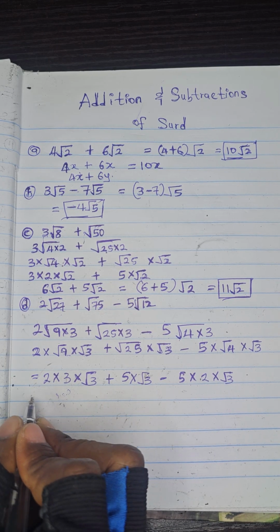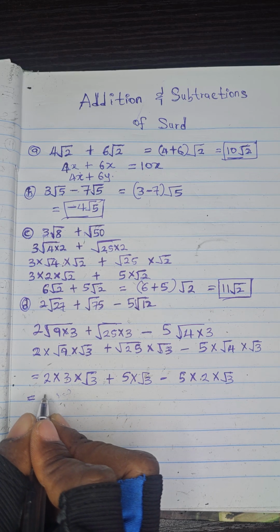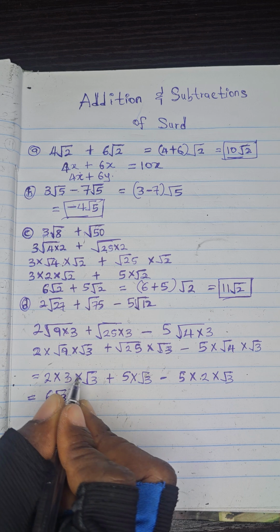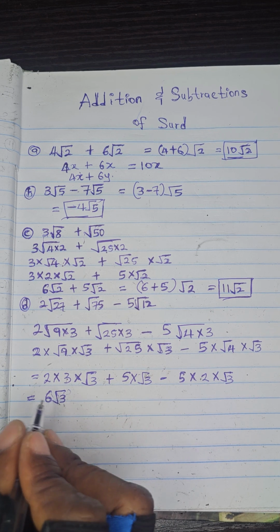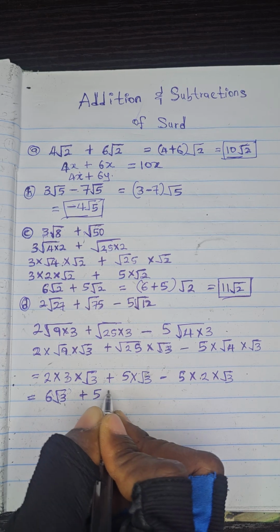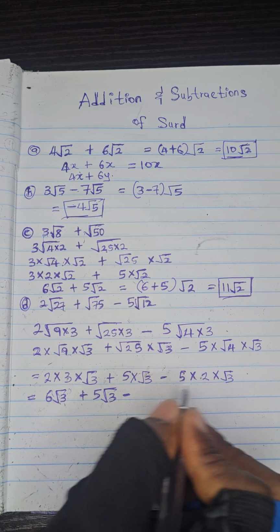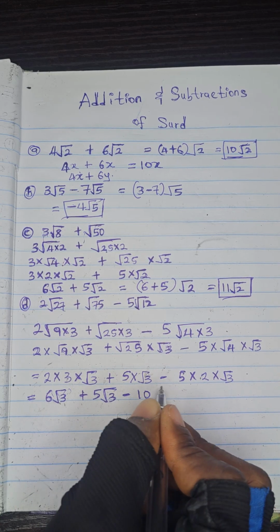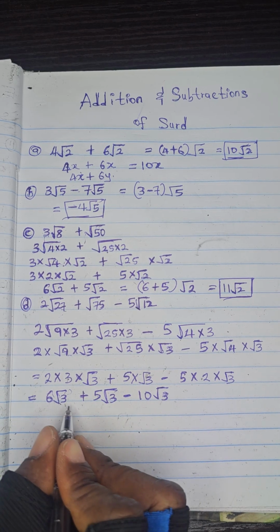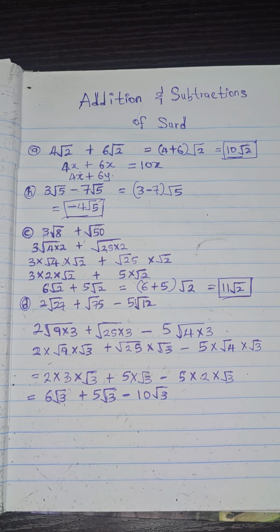So let's solve. 2 multiplied by 3 will give us 6 root 3. Putting a multiplication sign here or not putting it is still the same. So plus 5 root 3 minus 5 times 2 is 10 root 3. So now we already have the same root. Now we can add and subtract.